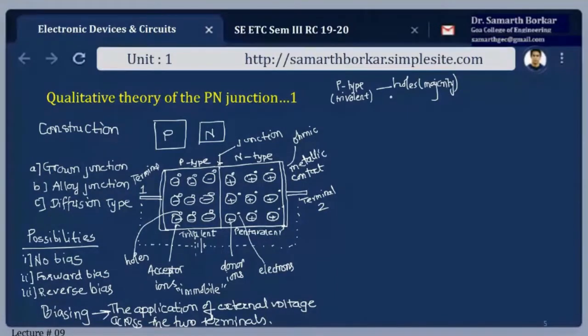They are in the majority as compared to electrons, and we refer to electrons as minority charge carriers because they are few in number. Whereas in case of an n-type semiconductor, which is on account of pentavalent impurity, we have electrons as majority charge carriers and holes as minority charge carriers. Now, this concept is very important.